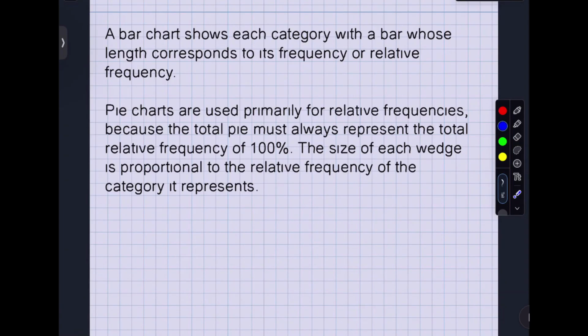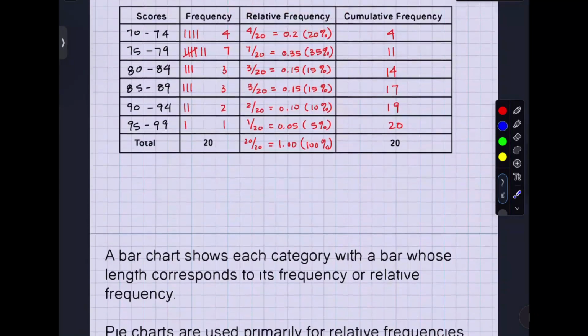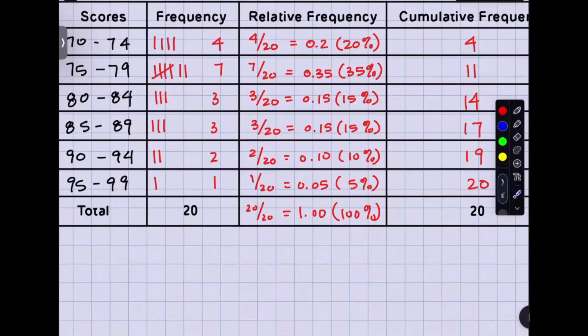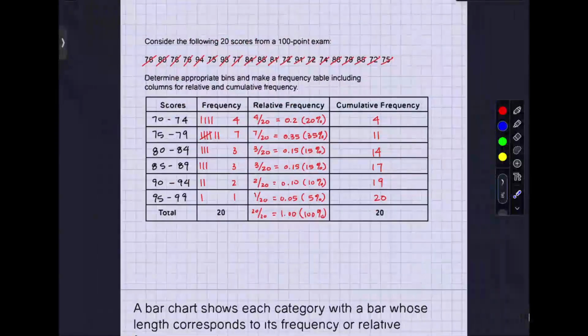So, a bar chart is just going to be bars that show you the frequency or the relative frequency, right? It should look the same, because those percentages should correspond with the frequency. You'll see that on the bar chart when I show it to you.